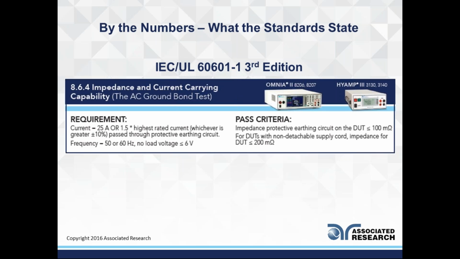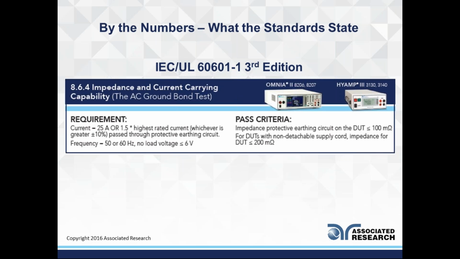So this specifically is IEC/UL 60601-1, which is for medical devices. 8.6.4, impedance and current carrying capability. So the requirements are 25 amps or 1.5 times the highest rated current, whichever is greater, plus or minus 10%, passed through the protective earthing circuit. This is the first time I've said protective earthing circuit.